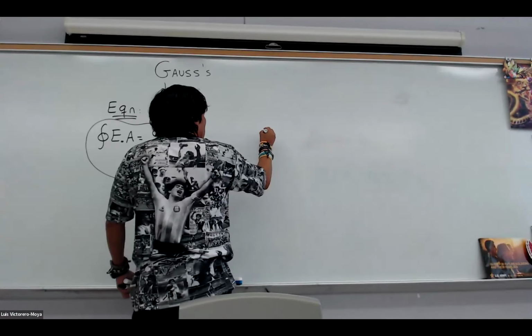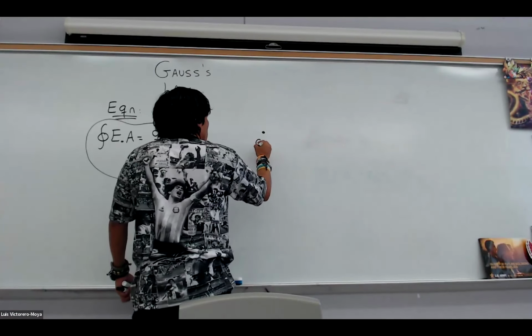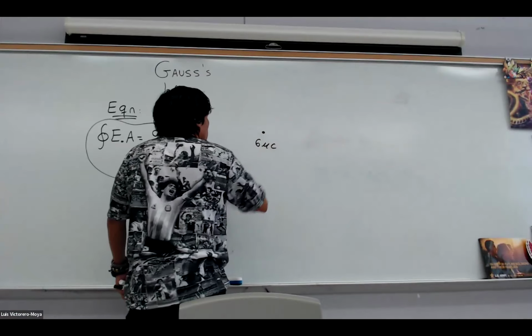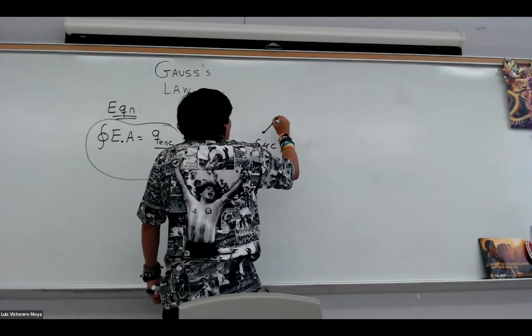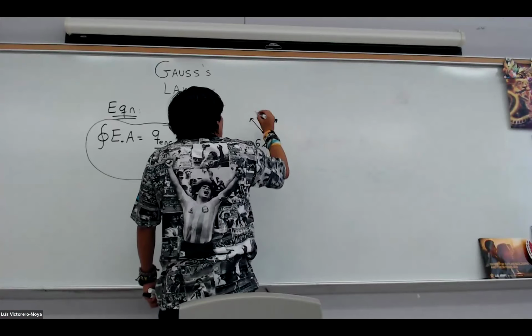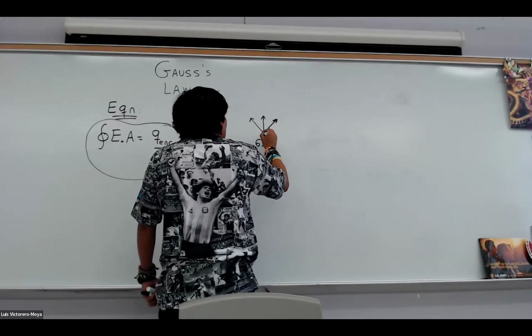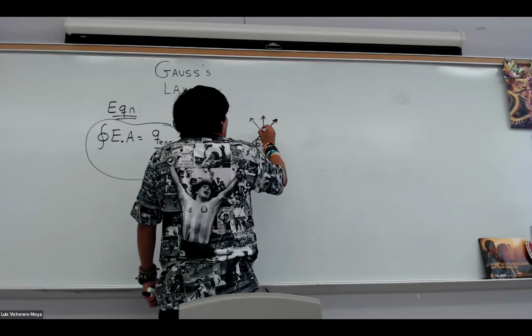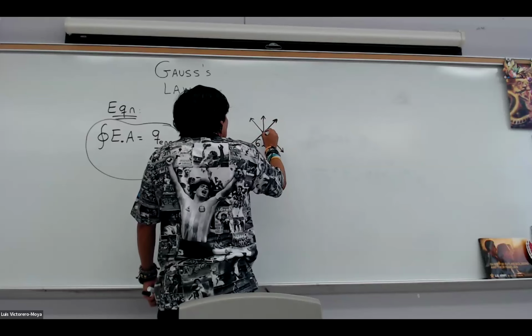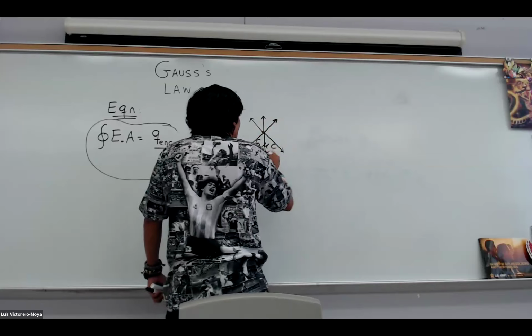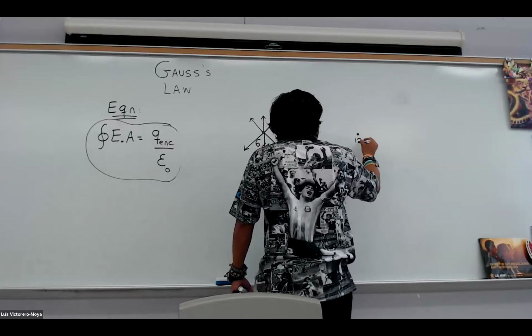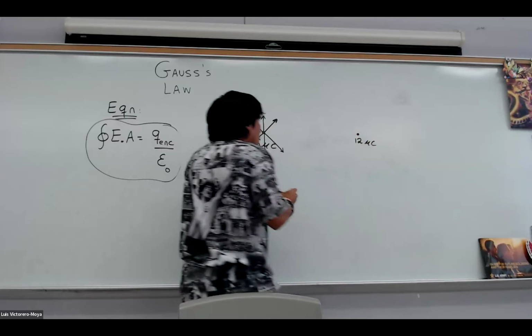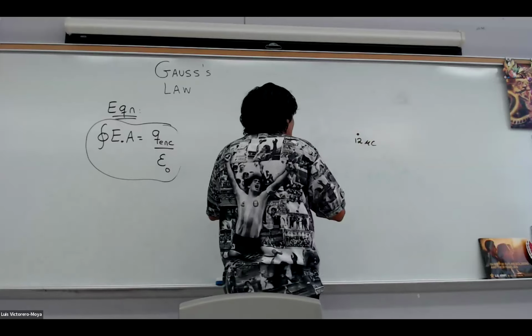If you have, let's use 6 microcoulombs, you have 1, 2, 3, 4, 5, 6, exactly 6. Now how many do you have for 12? You have double.